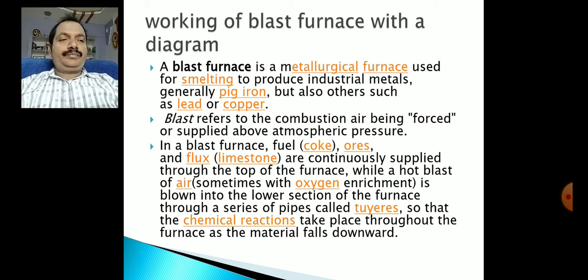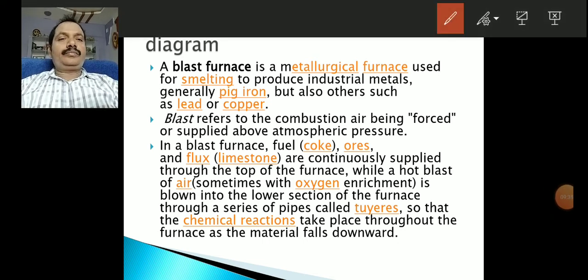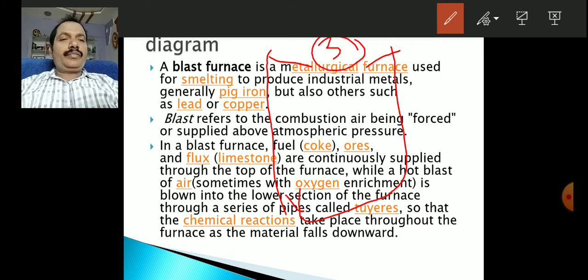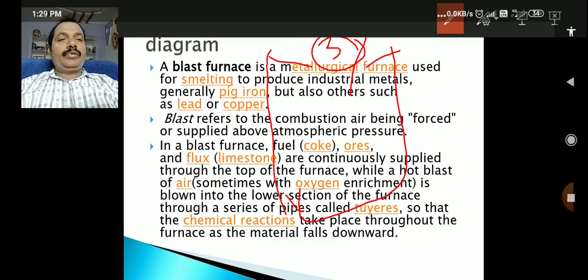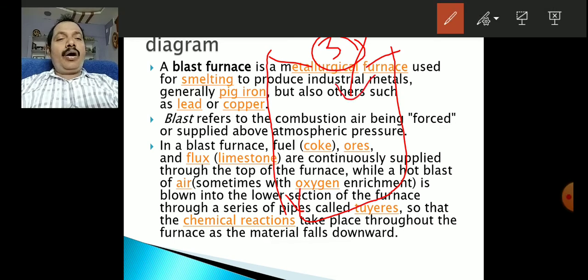You see, this is the blast furnace. So we are charging 3 raw materials, that is coke, iron ore, flux, and at the same time we are supplying hot air also, oxygen enriched hot air also we are supplying.